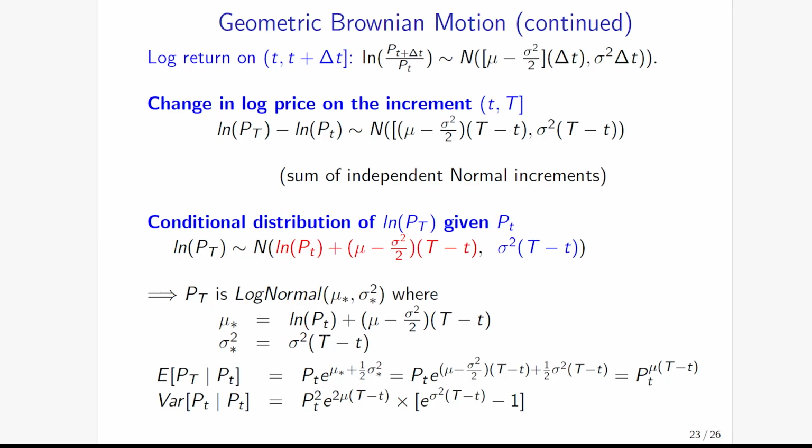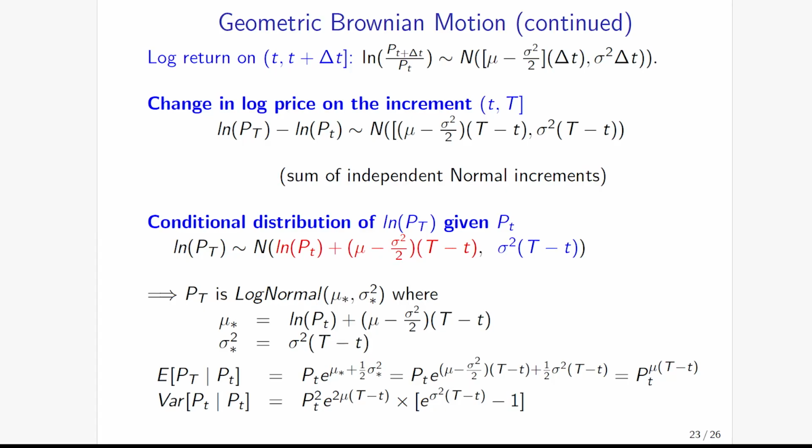And so the expectation of our price at some time point capital T, given the value at time little t, will be a log-normal random variable with expectation equal to the initial price P sub little t times the exponential of mu times (T minus t). There should be an e here, which is in that factor.